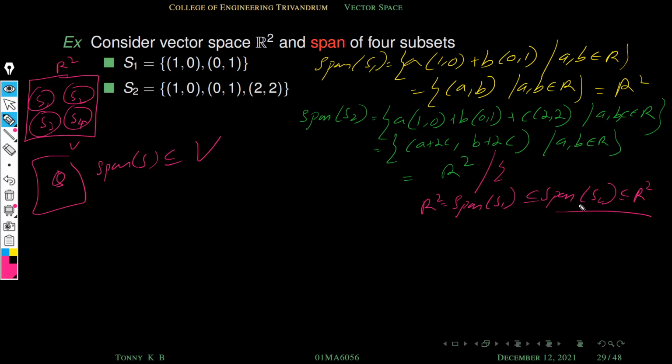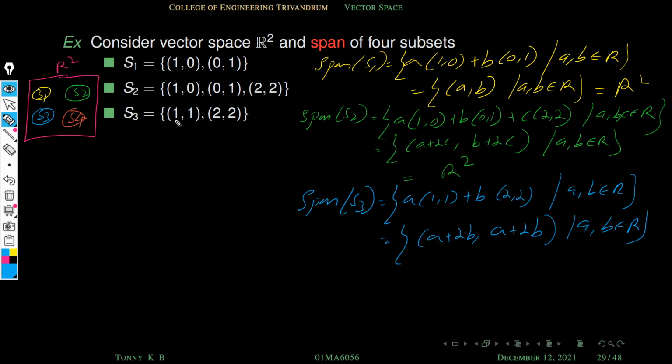So what happened? R square is a subset of span of S2, and span of S2 is a subset of R square. So what is our conclusion? That means span of S2 equals R square. Clear? So now we can easily show that span of S2 is also R square. So S2 is also a spanning set of R2.